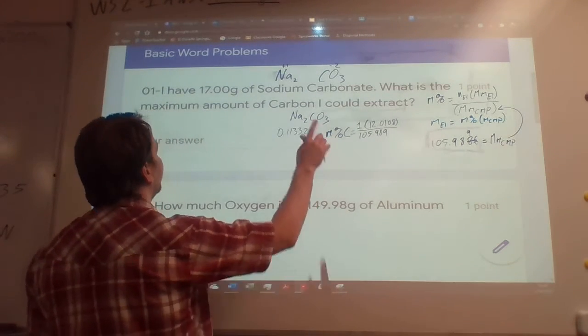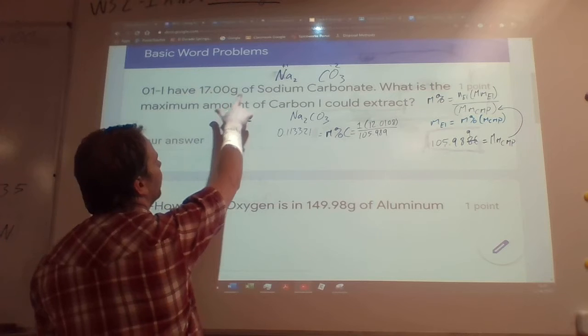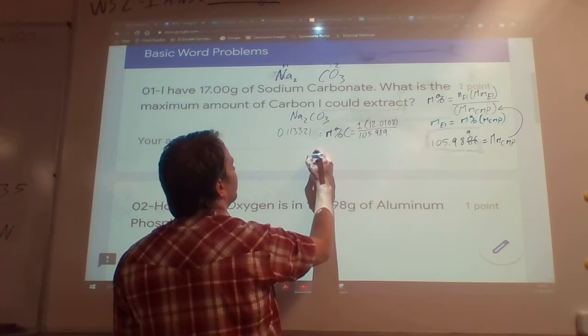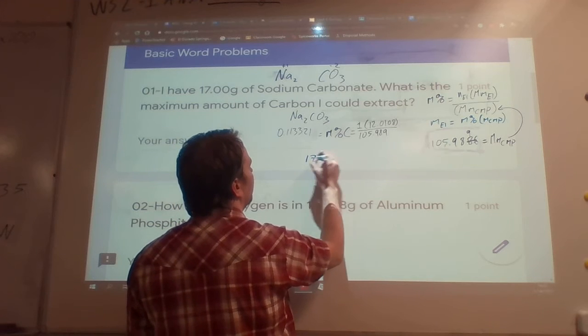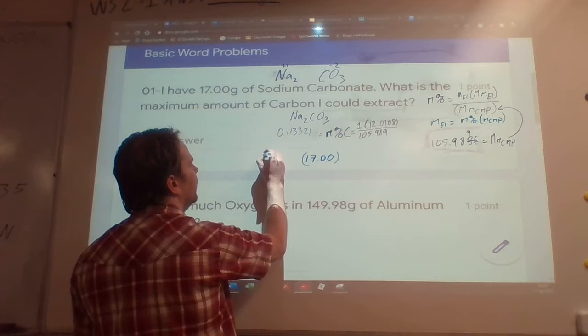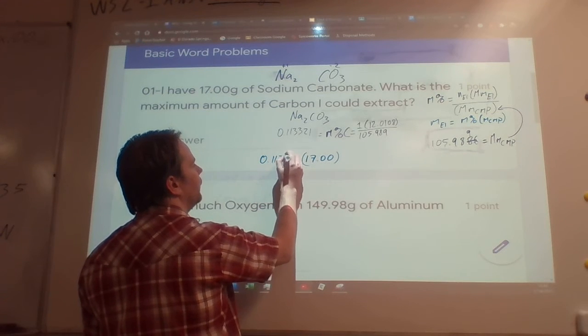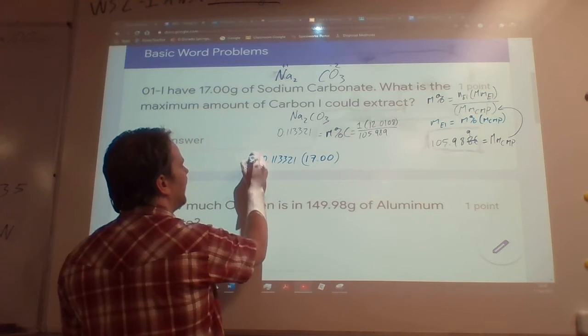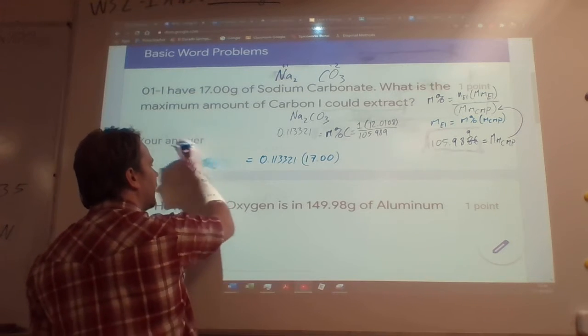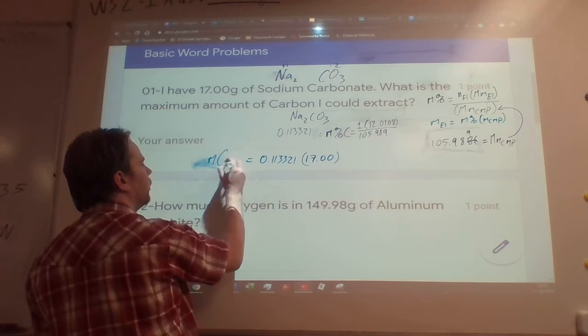So if we take our given mass of the compound, 17.00, and take that times our mass percent, 0.113321, that will give us the mass of our element, which in this case is the mass of carbon.